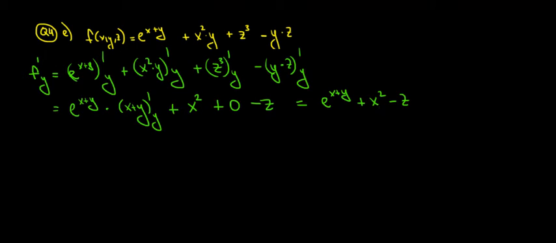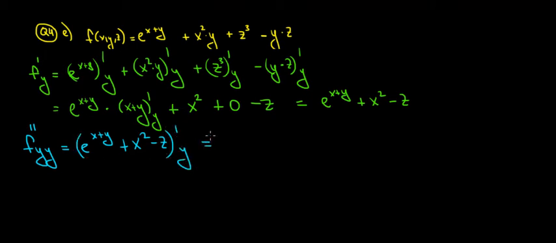Let's do now the second partial derivatives, where we differentiate first y and then y again. So derivative with respect to y and one more derivative with respect to y. So we take the first partial derivative with respect to y, e to the power x plus y plus x squared minus z, and we differentiate this thing with respect to y once more.